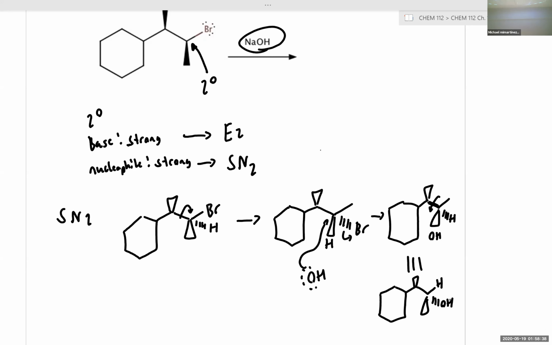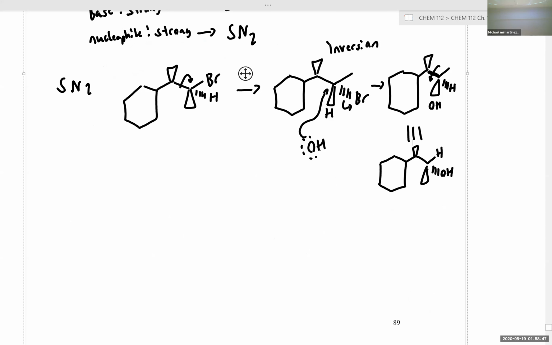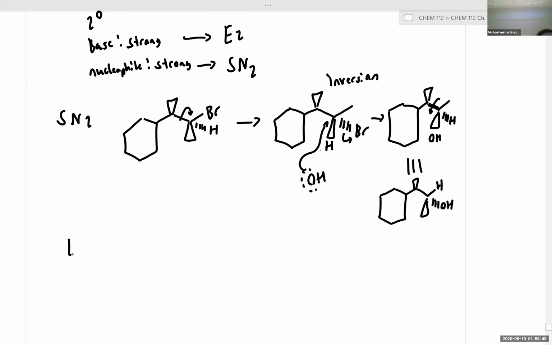Okay, so we've entertained the SN2 pathway. Remember, the SN2 pathway occurs with inversion. Now let's entertain the E2 pathway.